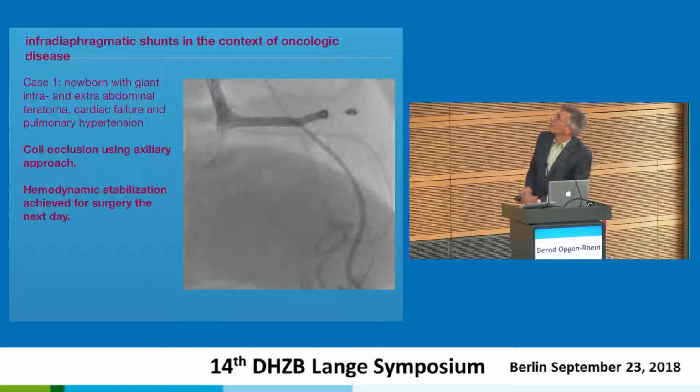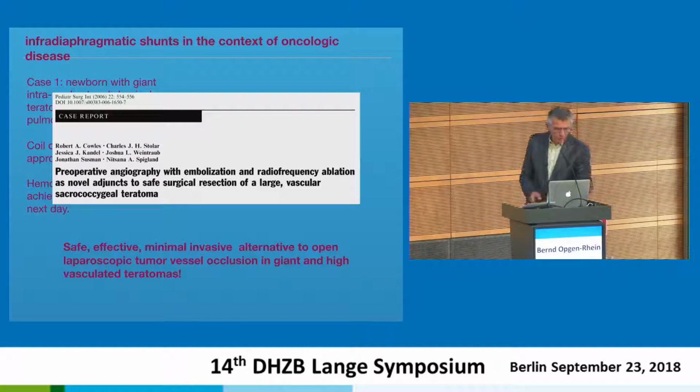So after coil occlusion of this main feeding artery of this giant teratoma, we achieved a good hemodynamic stabilization for operation the next day. In the literature, I found one report of some colleagues who have done it several times and think that it's a safe and effective alternative to an open or laparoscopic tumor vessel occlusion, which could have been done otherwise.